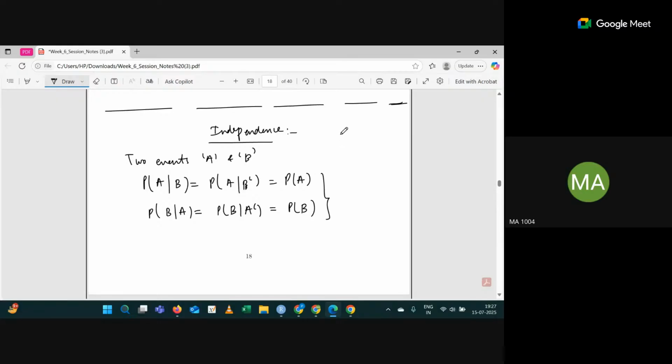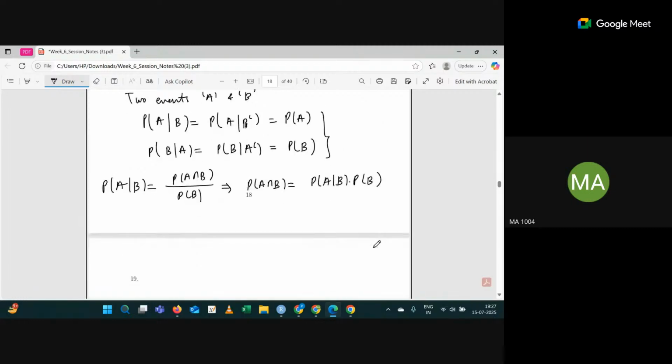What is the meaning of disjoint? Disjoint means A intersection B is empty, there is nothing common. If you see the conditional probability formula, probability of A given B is probability of A intersection B divided by probability of B. So from here, probability of A intersection B is probability of A given B times probability of B. By the independence definition, probability of A given B is probability of A. So this is the way to check independence of two events: the probability of the intersection of those two events is equal to the product of their individual probabilities.